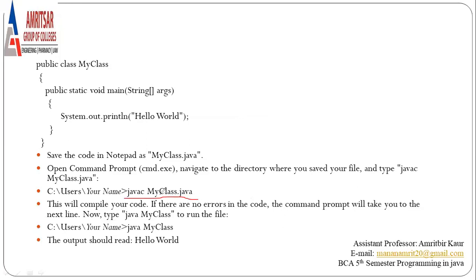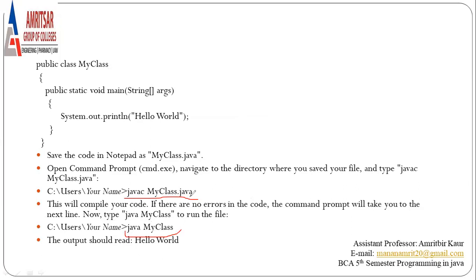My program name is myclass.java. And after compilation, we will execute. For execution, we will use the Java interpreter, and java is used for the Java interpreter. So for execution, we will use this command: java, then MyClass.